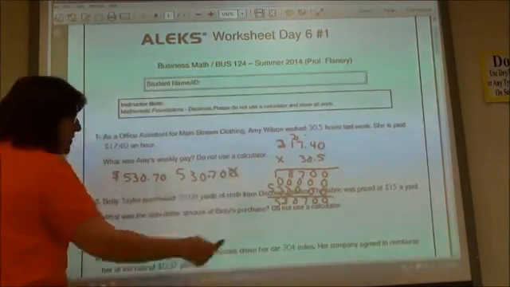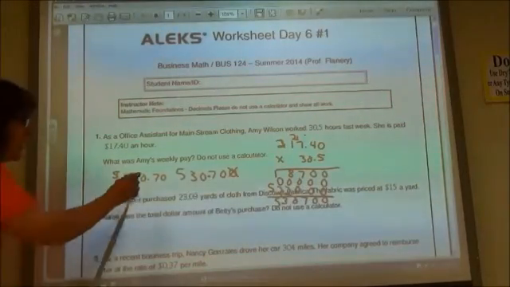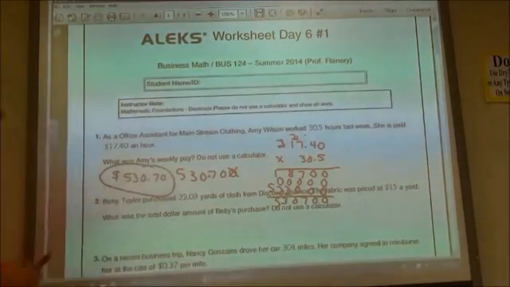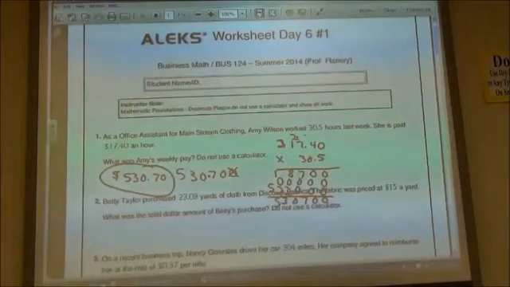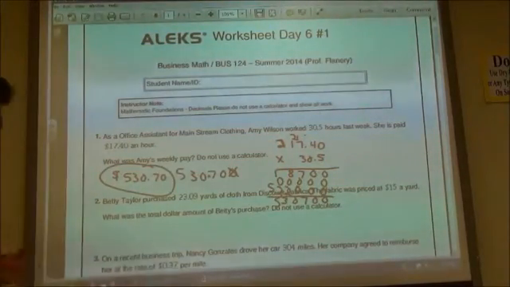We don't need the third zero because money only goes to the hundredth spot when we multiply that out. So again, just double checking, if I take $17.40 times 30.5, I should get $530.70, which is what I got when I multiplied that out by hand.